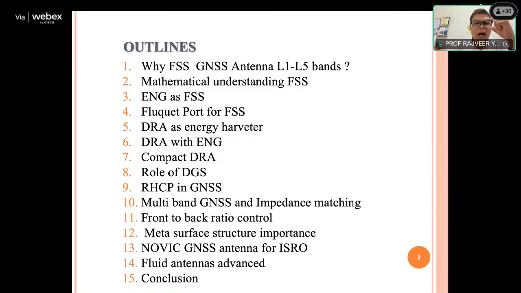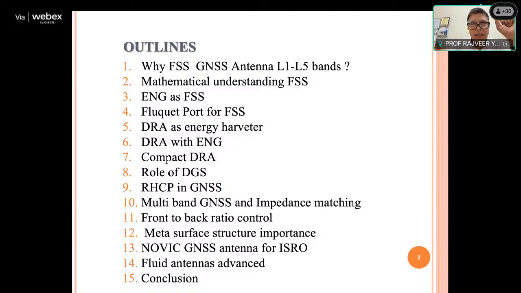I'll be talking about how the ENG can be connected with the DR for making this DRA profile very low profile or compact. Here in this design, we have also made use of DGS. So I'll be showing some applications of the DGS, that is defected ground surfaces. An important part of the design is how to get RHCP in almost all multiple bands in the GNSS.